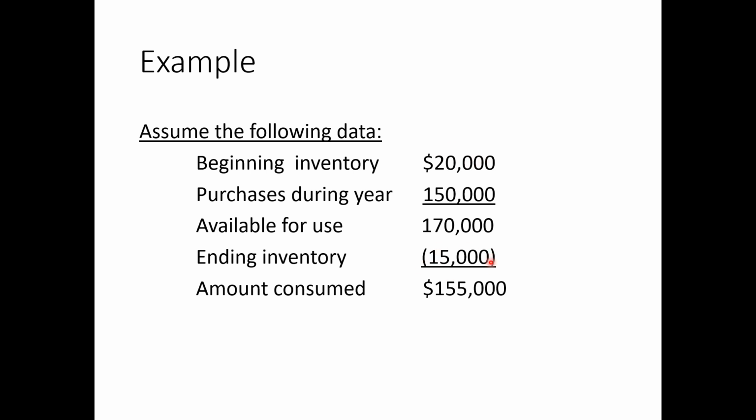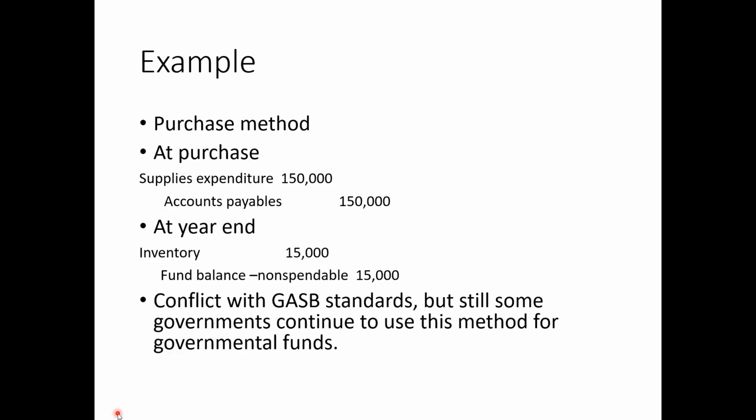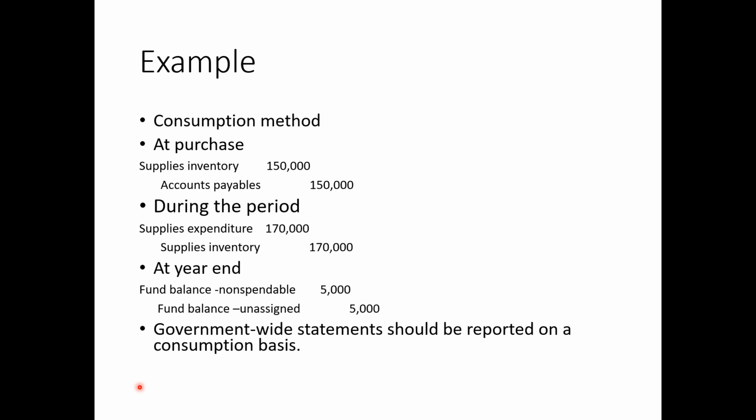Now, by the end of the period, we have 15,000 remaining inventories, meaning our inventory balance has been reduced by $5,000. So it's going to release the fund from non-spendable back to unassigned.